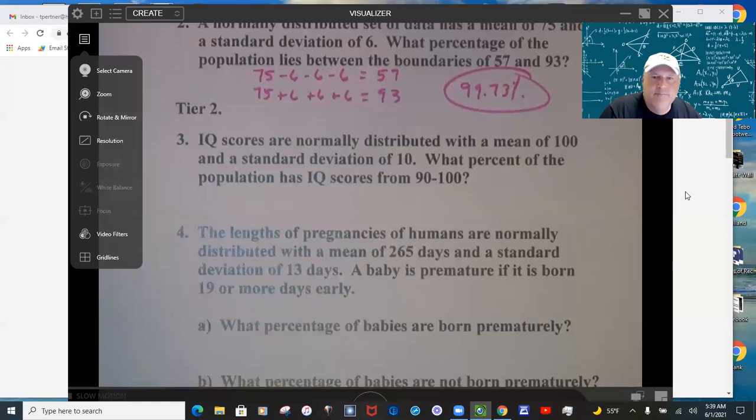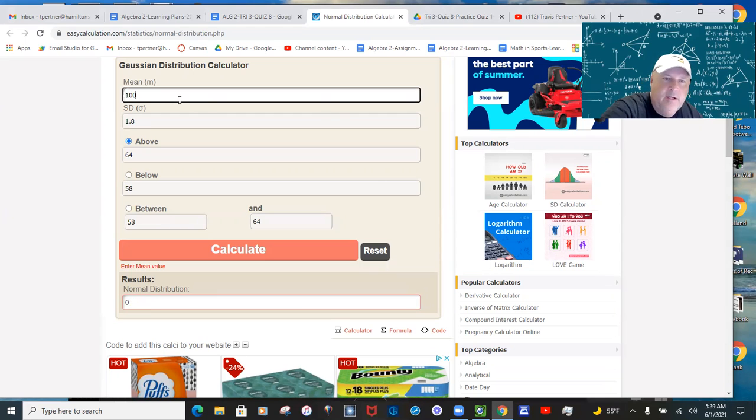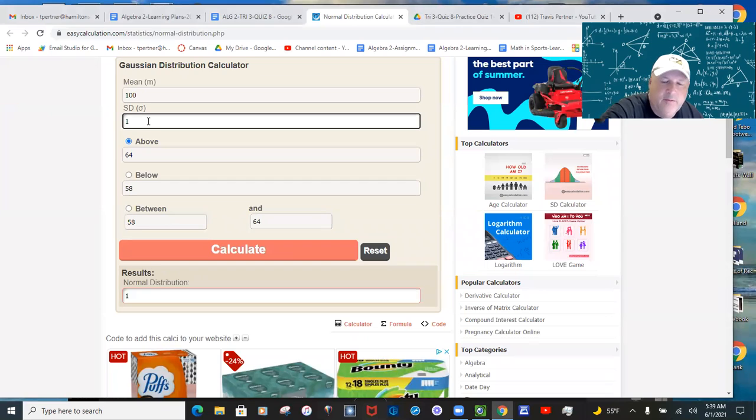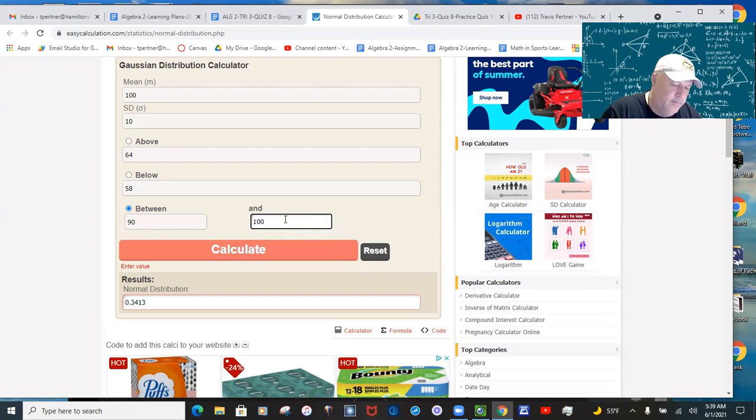learning plan. So this is what it looks like. And it's going to tell you the percent. And so what it's doing, I'll put this one in and then I'll show you, is it's giving you a certain part of, so this one is between 90 and 100, the curve under the normal curve, so 0.3413, that it's calculating the area.